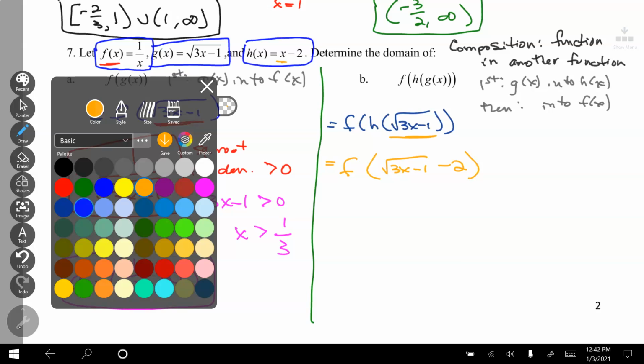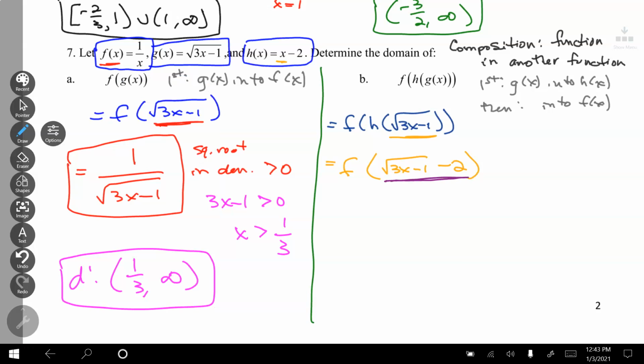And then this whole thing has to go for the x in the f function, so the whole thing becomes 1 over the square root of 3x minus 1 minus 2. So that is the whole composition.